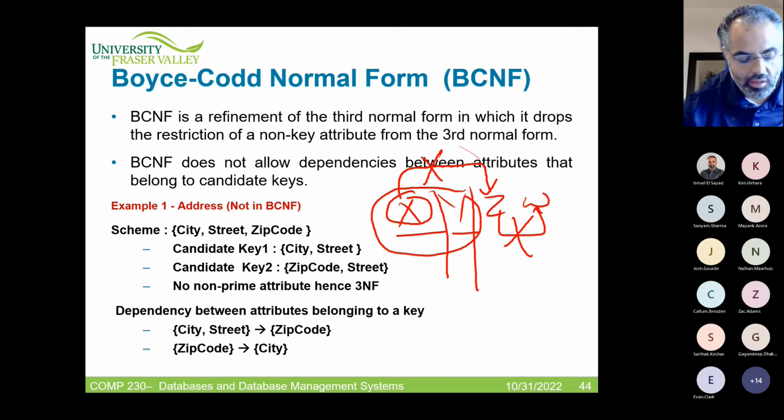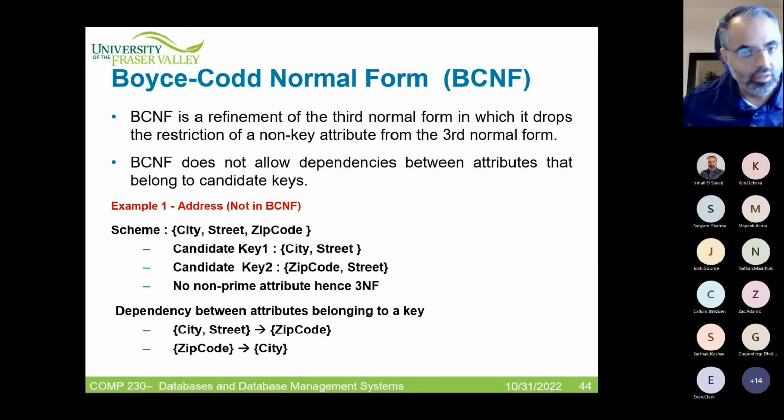It doesn't say this. It works more on the non-key part, the non-prime attributes. It says that non-prime attributes shouldn't have a relationship internally among themselves, and shouldn't depend on just a part of the key. They should depend on the whole primary key, and have no relationship within the non-prime attributes.